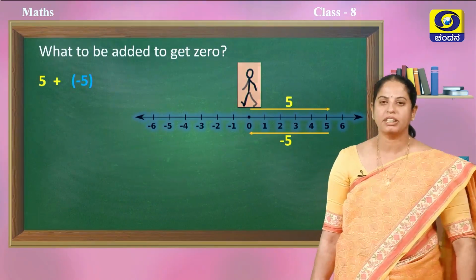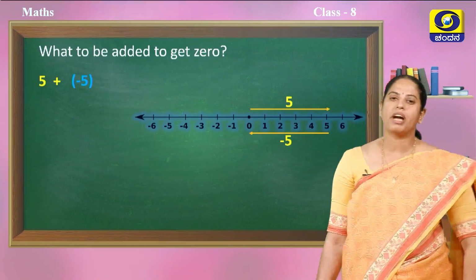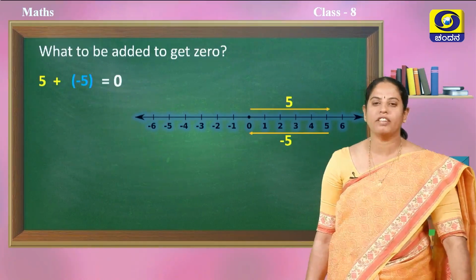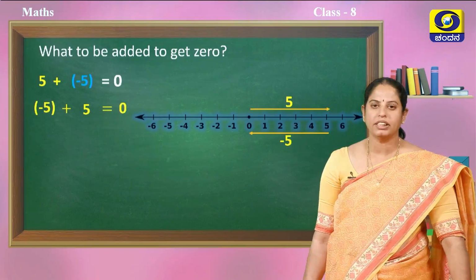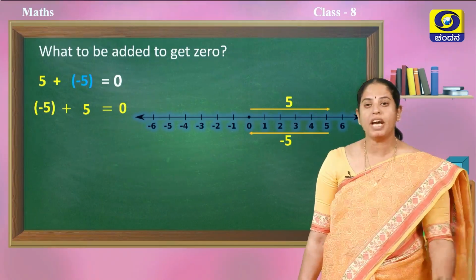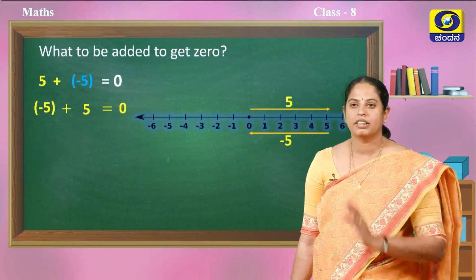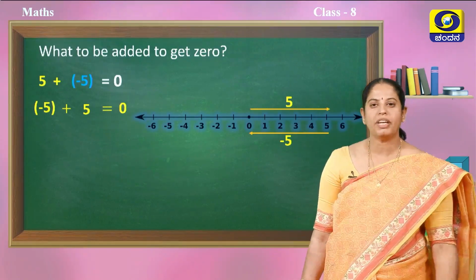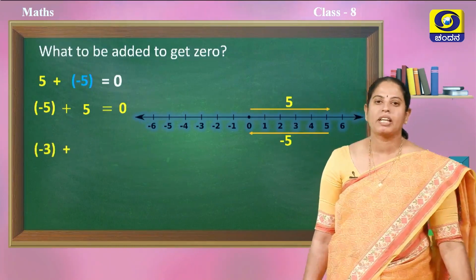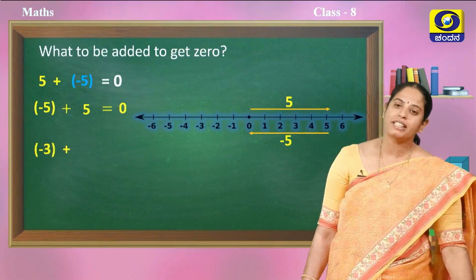Yes, that means I have to add minus 5 to 5 to get 0. One more thing, what should be added to minus 5 to get 0? So, to make minus 5 into 0, we have to add plus 5.